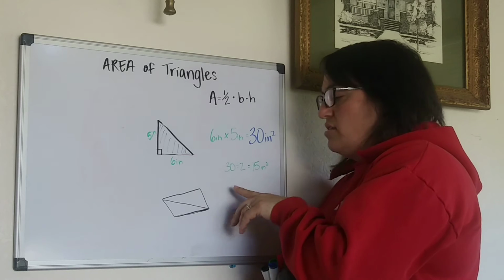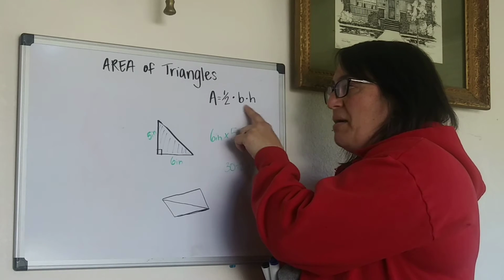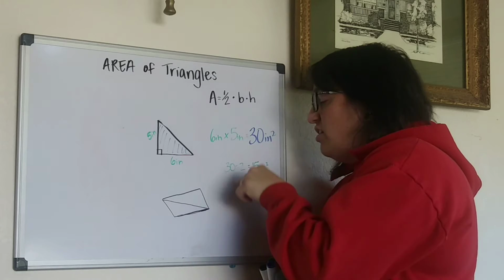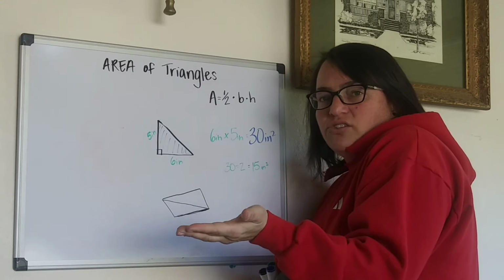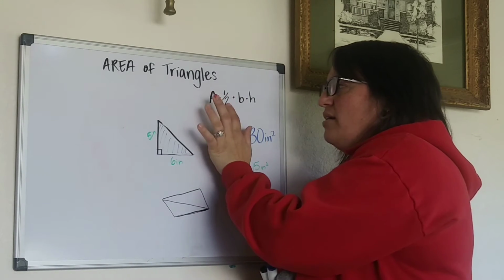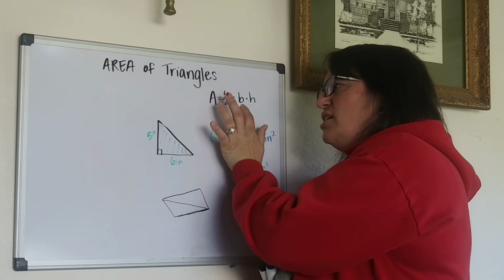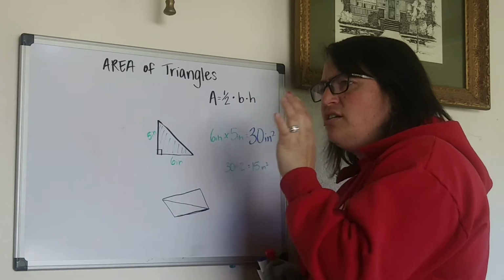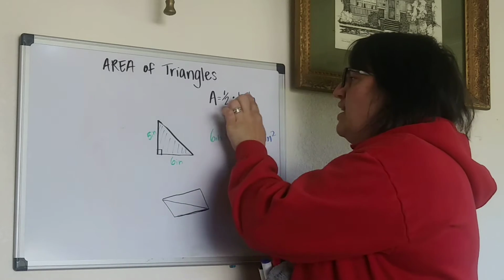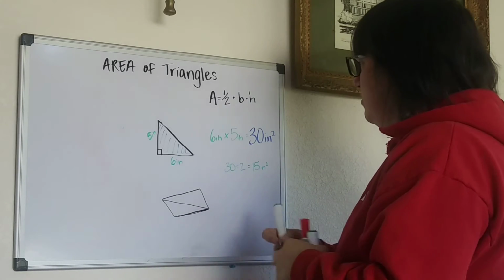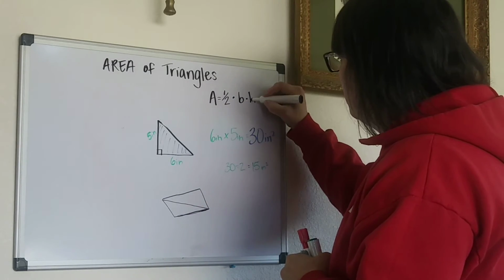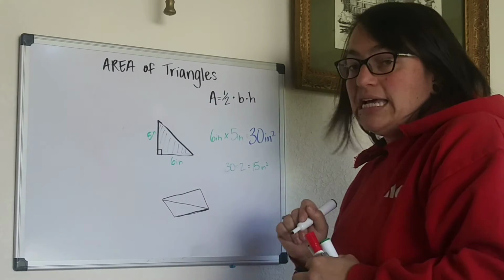That's the same thing, right? So if you just solve the base times height first, then all you have to do is cut that number in half and there's your answer. So you don't have to necessarily worry about multiplying fractions by whole numbers and all that stuff. Get this part first, and then cut it in half.